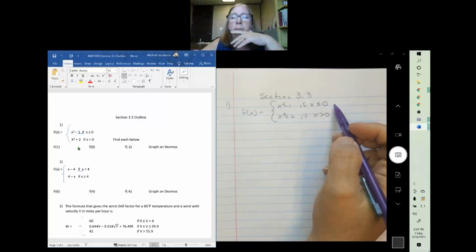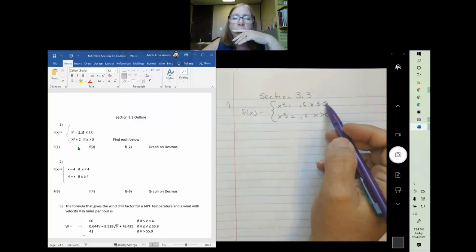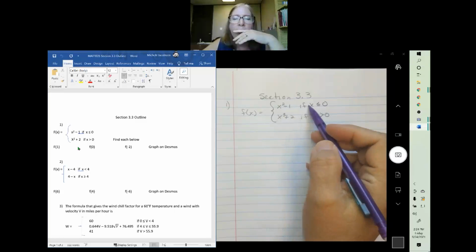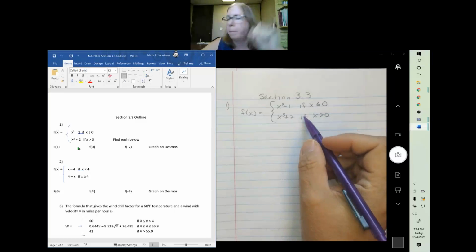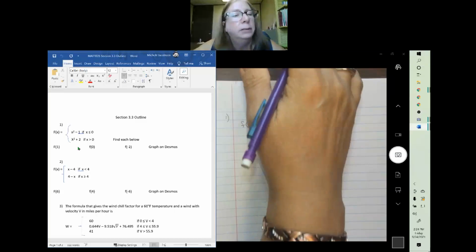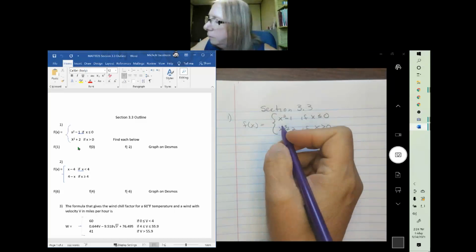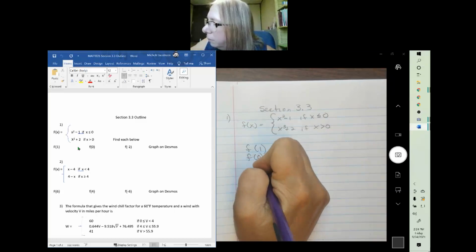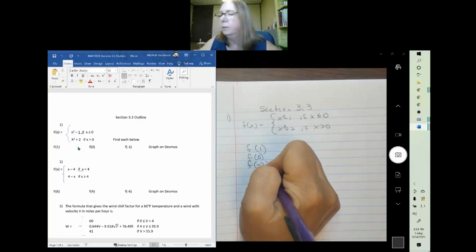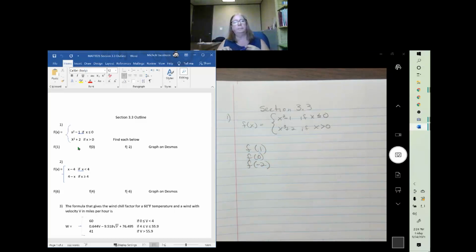So the first thing you do is see where your x value falls, and then use the one it falls in. So it's asking us to find f of 1, 0, and these.